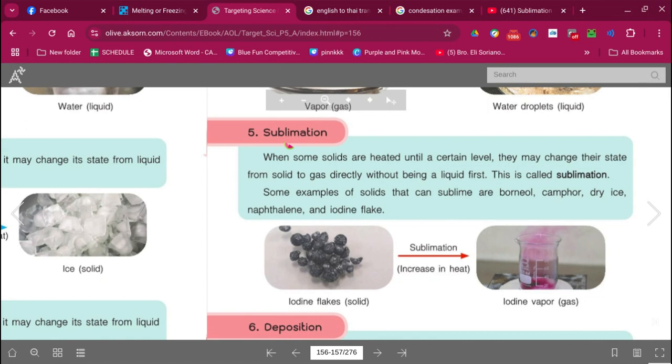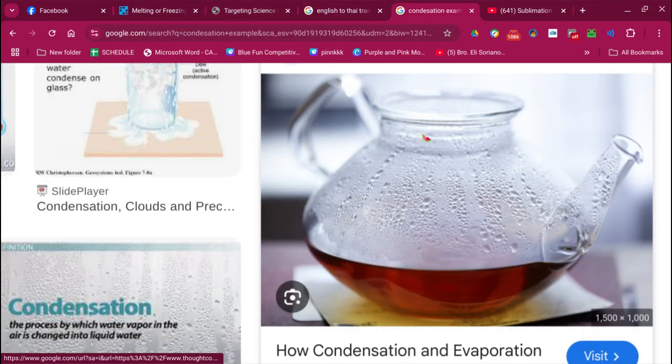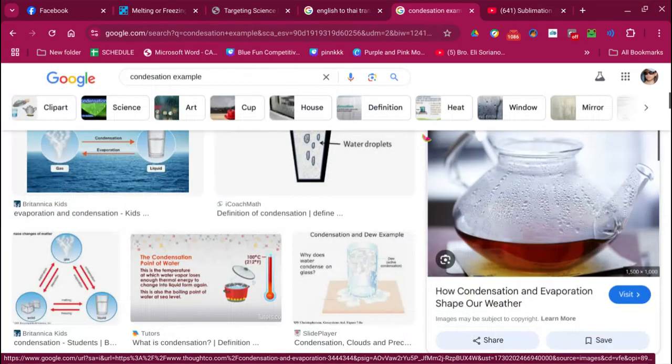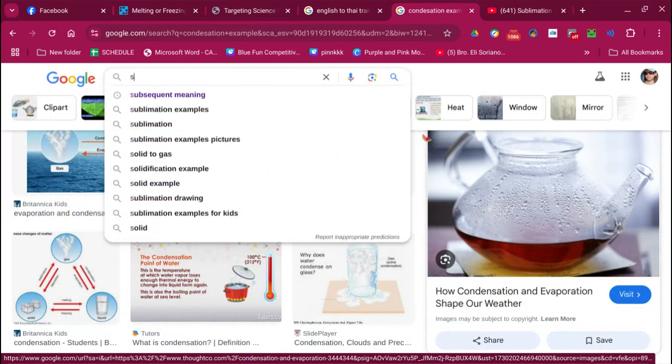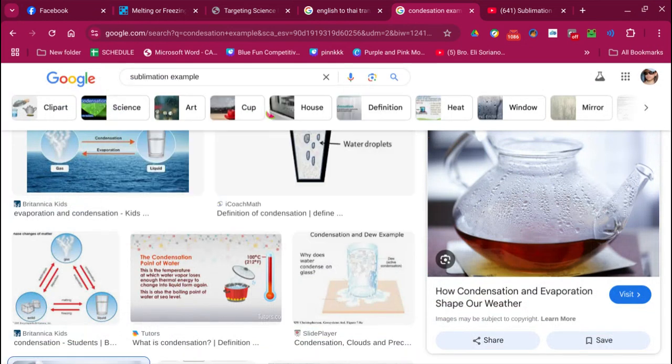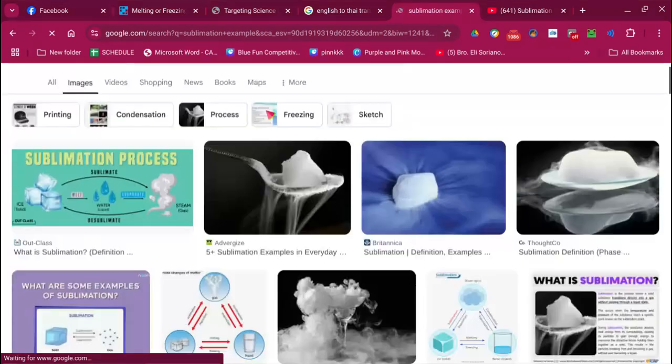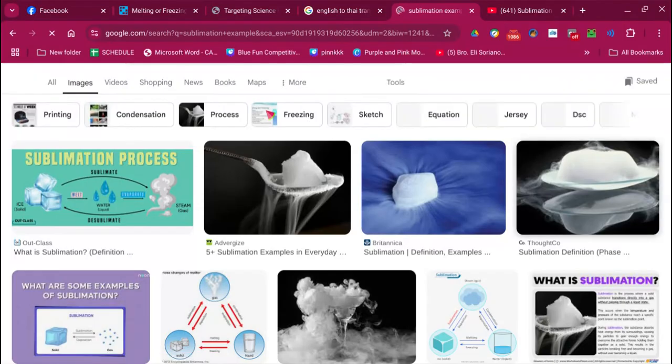So in sublimation, from the solid, when it is heated to a certain level, it may change its state from solid into gas. Just like for example here, an example of sublimation, an ice.